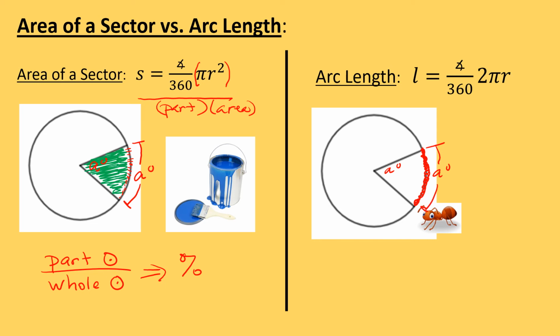This could be like the length of your pizza crust or the length of your piece of pie, whatever food brings you joy. So again, we are taking angle over 360. So this right here is what part of the circle times the whole circumference. And if you think of it that way, it's really probably the easiest way to think about it.